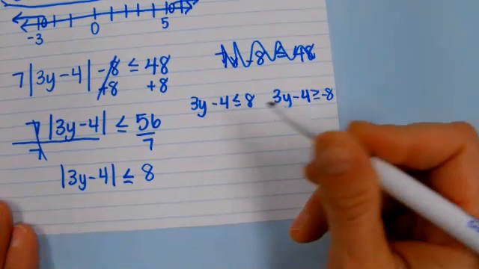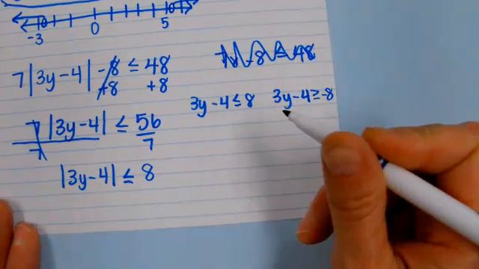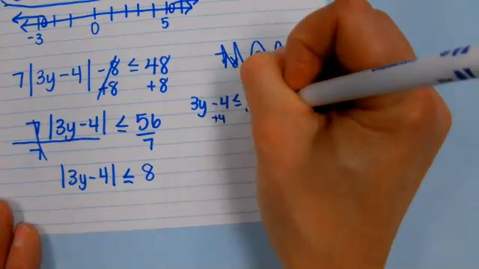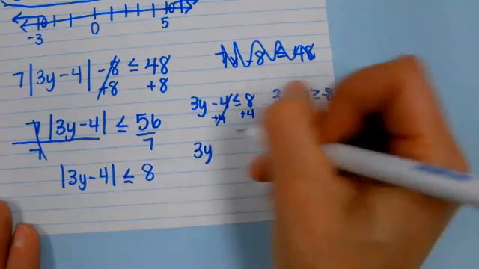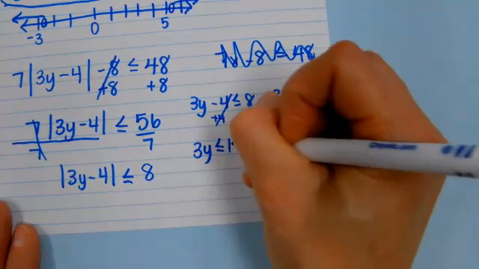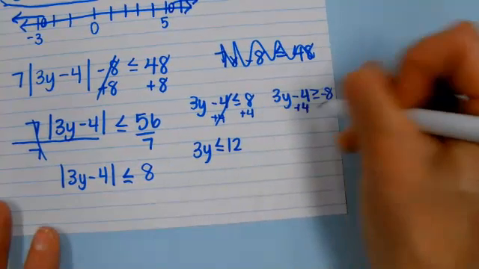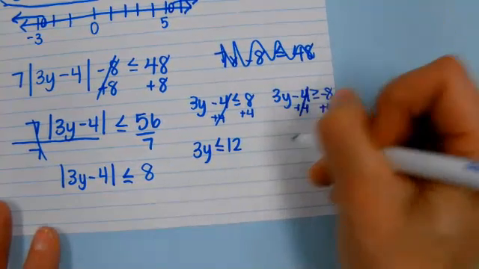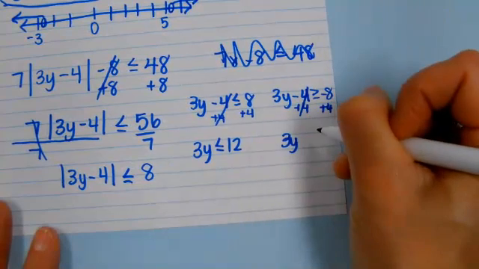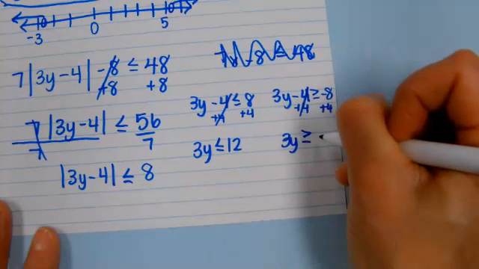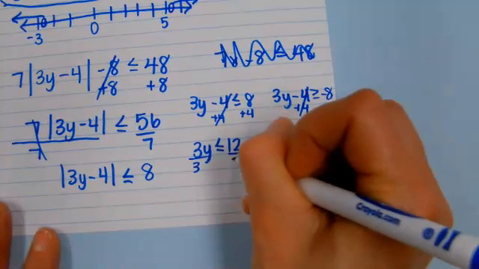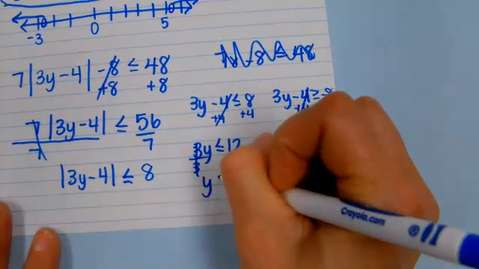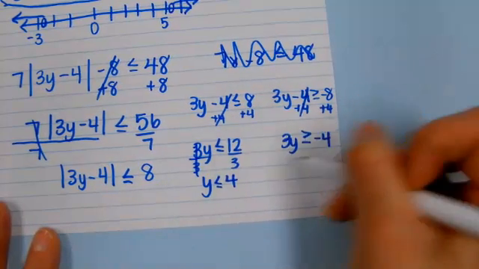All right, here we go. What do I do now? Plus 4 on both of them. Okay, so this one is 3y is less than or equal to 12. And this one, if I add 4, 3y is what? Greater than or equal to negative 4. And then I divide by 3, and I get y is less than or equal to 4, right?